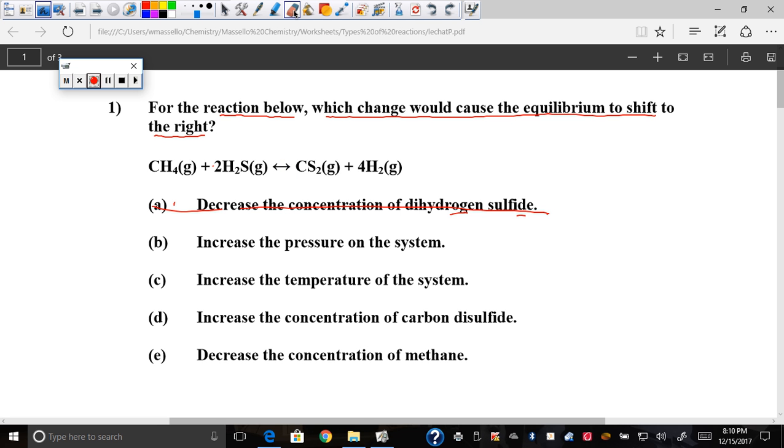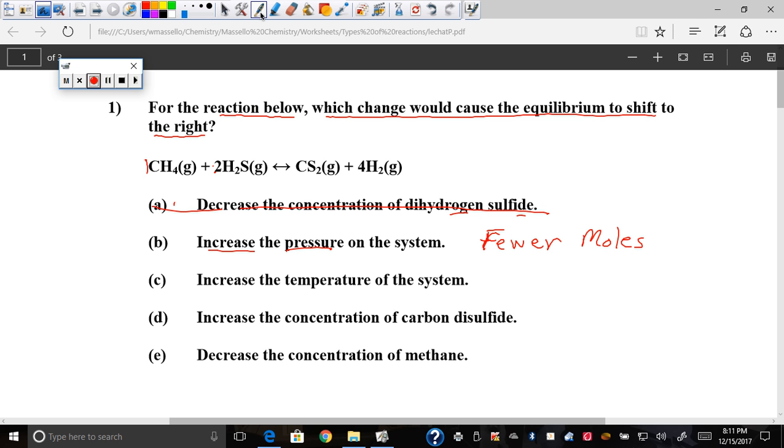If we increase the pressure on the system, all right, from your reading in the book, you learned that it's going to move to the side with fewer moles. Okay, so when you have pressure, you're dealing with the side of fewer moles. Now, how many moles do we have over here?